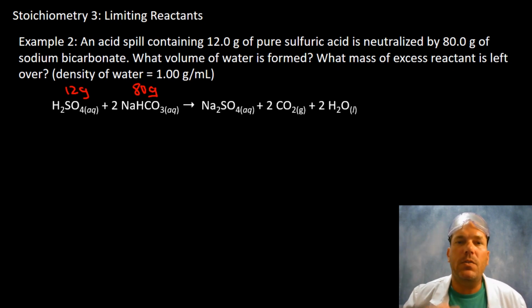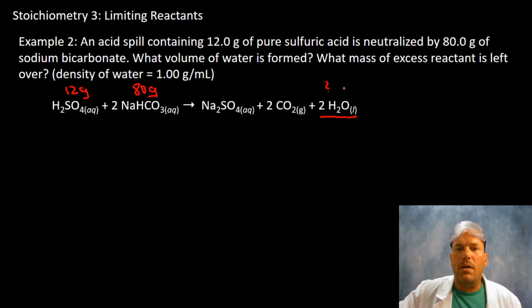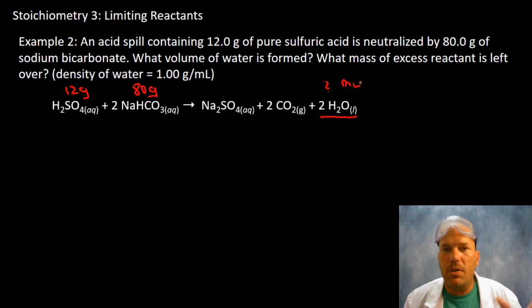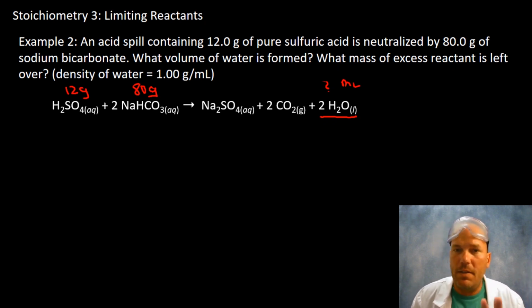I need to use stoichiometry to convert both of them to the desired product. All right, in this case here, question mark, milliliters, liters, whatever unit we end up with in the end, that doesn't matter. But it's that volume of a liquid and the connection density.